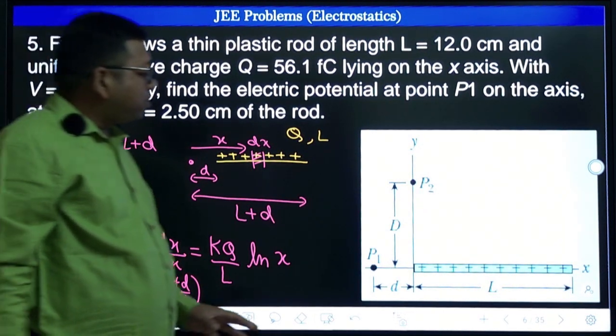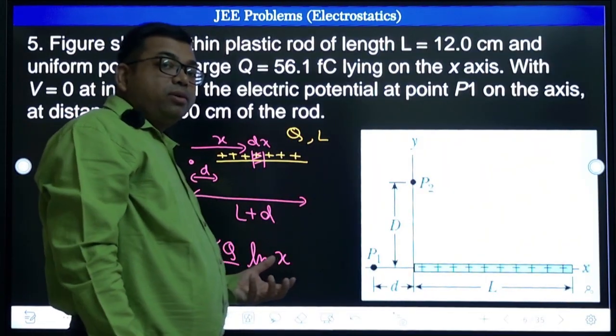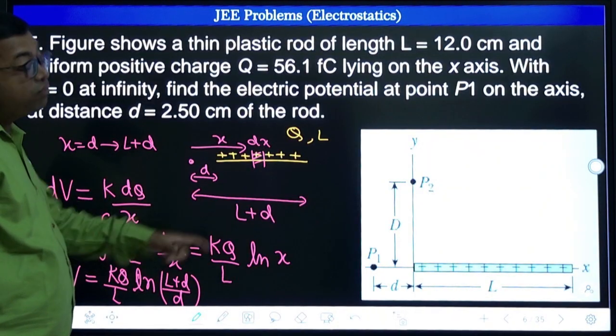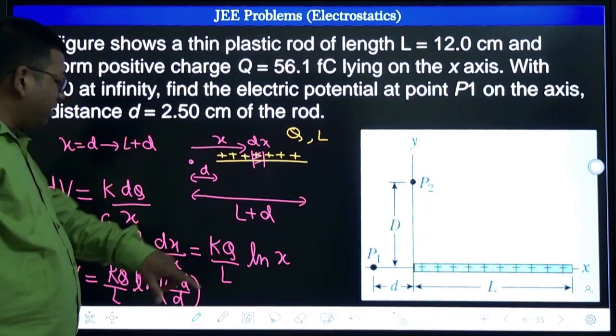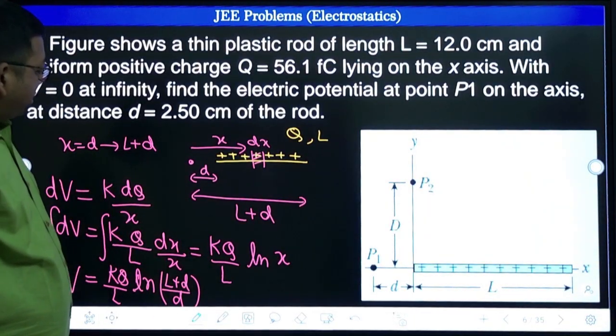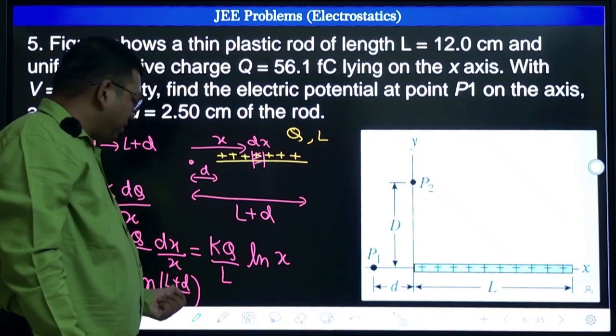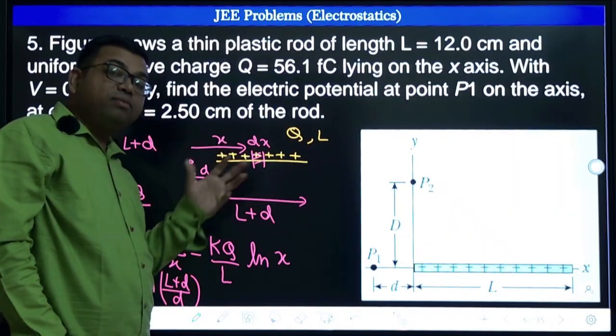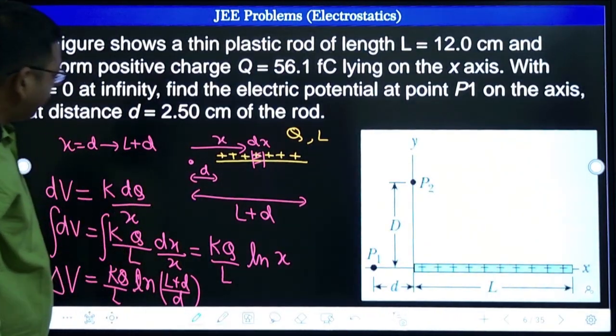So the concept of potential at infinity we can calculate, and what we are calculating is the potential difference, right? And since the potential at infinity is taken as 0, the ln x expression is the potential.